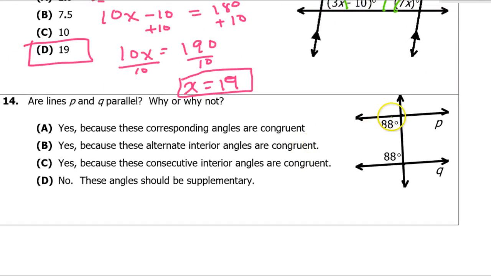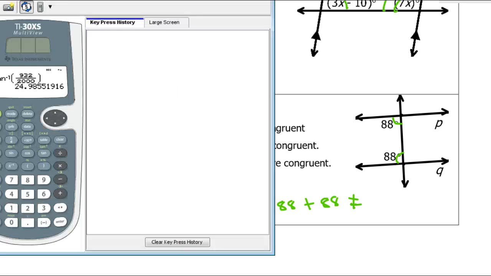Okay, now these are also consecutive interior angles. If P and Q are parallel, these should be supplementary. So 88 plus 88 would have to add up to 180, but they do not.